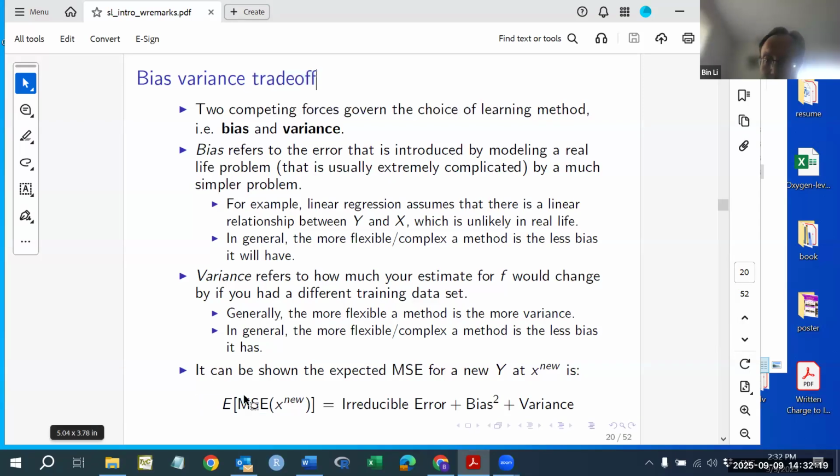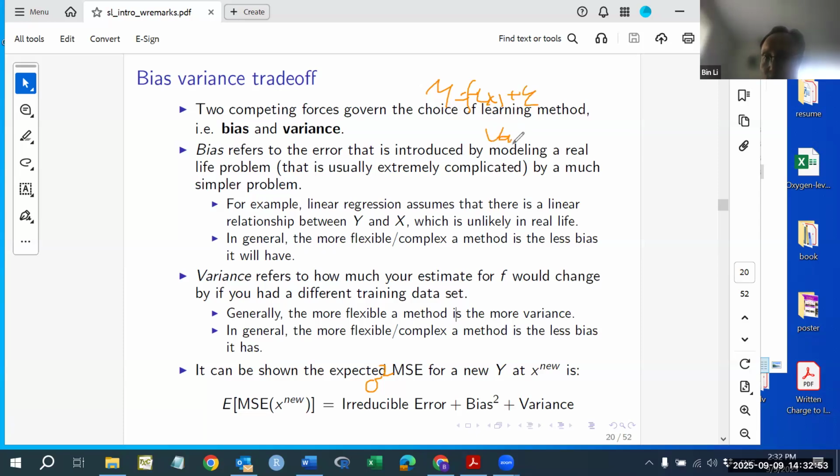Mathematically, we can show that the expected value of the MSE, mean squared error, for a new data point can be decomposed into three parts. This one is the variance of the model. This one is the bias square of the model. And this one is the irreducible error. What does that mean? That is the sigma square for the epsilon. Remember in that model, y equals f(x) plus epsilon, right?